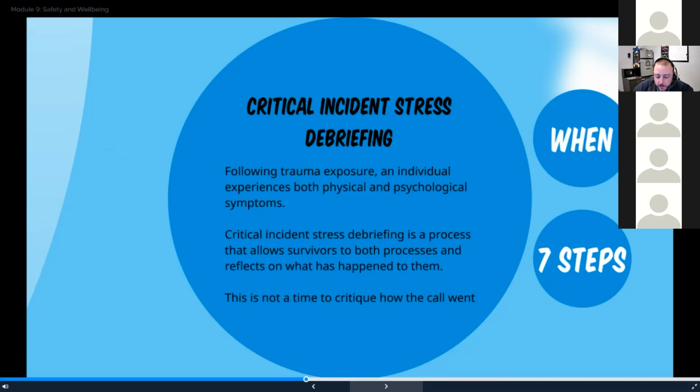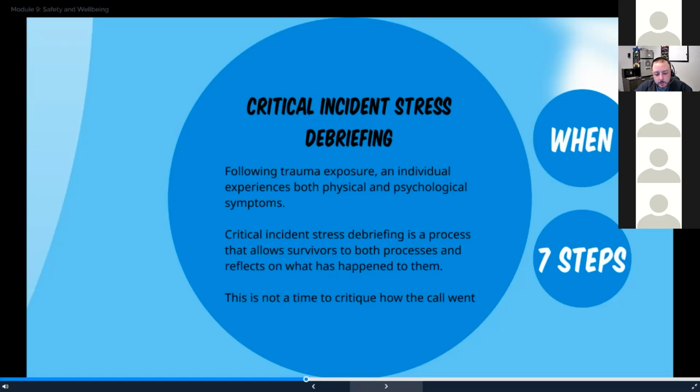This could also allow survivors to be part of it, but you can also have just caregivers there. This is a time not to critique the calls, but just to discuss what you saw and what you felt. Every single person in that room is going to have a different feeling, a different approach, a different way of how things happen in their brain.